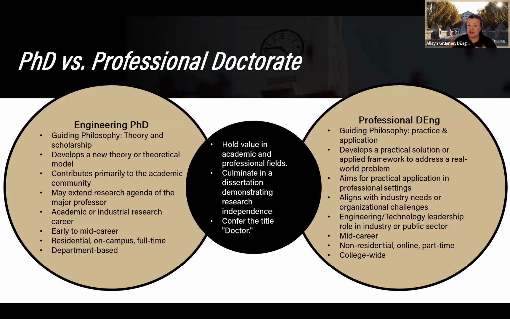We can do that in conjunction with this program. You'll be working on a real world issue, doing your research, ideally in industry with your employer, while also having all of the support and research rigor and backing of this amazing public research institution, and a faculty member who's guiding and mentoring you along the way.